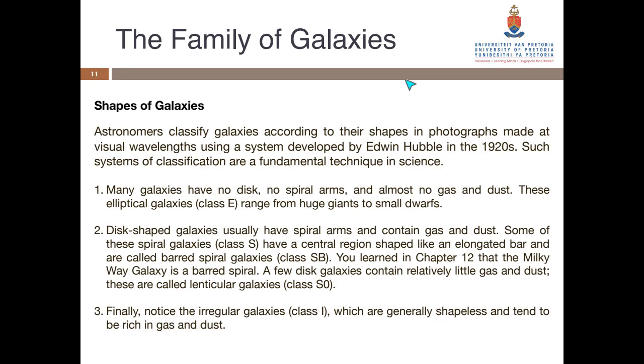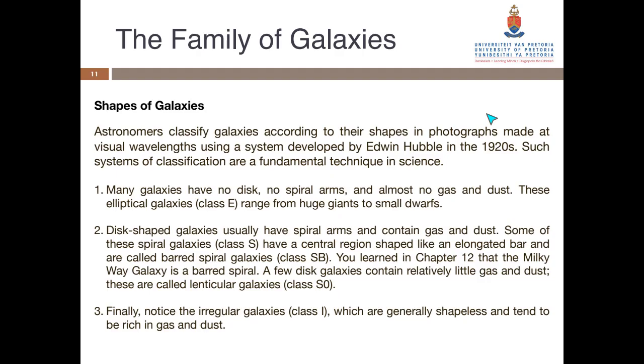But these different galaxies are classified the following way. One, many galaxies have no disk, no spiral arms, and almost no gas and dust. And these are called elliptical galaxies, class E. They range from huge giants to small dwarfs.